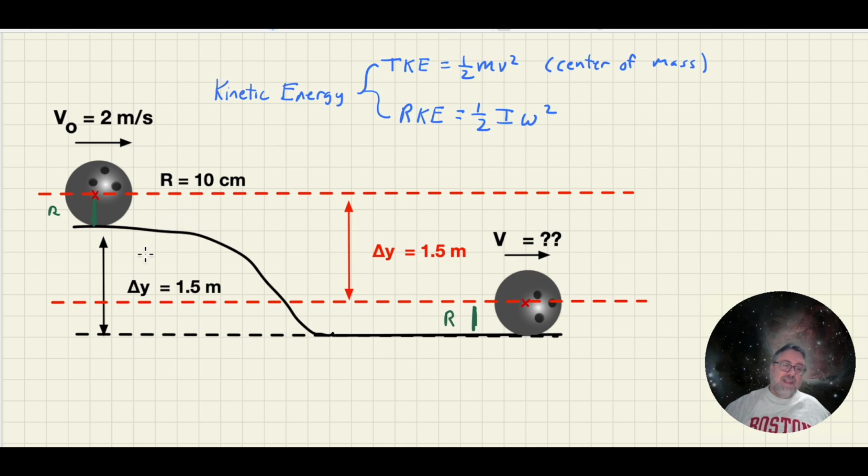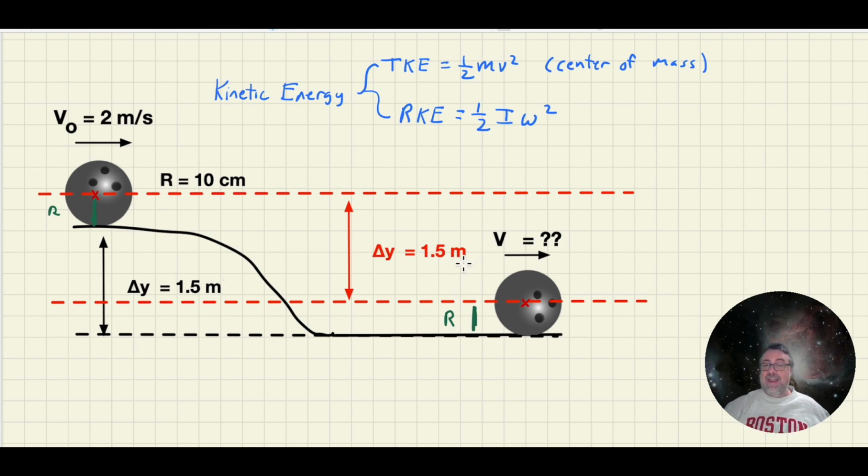So where normally when we looked at a sliding object, we just looked at the height of the hill at the point of contact with the track, we still can do that because the radius of the object basically just shifts everything up the same distance. So my height is still going to be this 1.5 meters, and I can ignore the fact that I have a radius at all. It's not going to affect things. It's just shifting where I'm making my measurements.